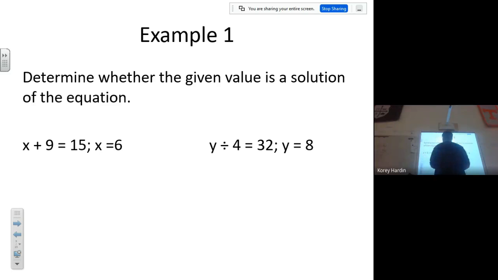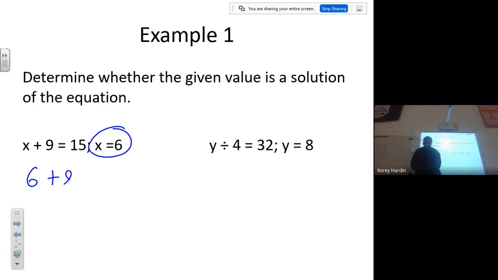So x plus 9 equals 15. I'm going to take whatever x equals, and I'm going to plug it in where that x is. So I've got 6 plus 9 equals 15. Here, I'm going to use PEMDAS. The only thing I've got is addition and subtraction. So 6 plus 9 equals 15.